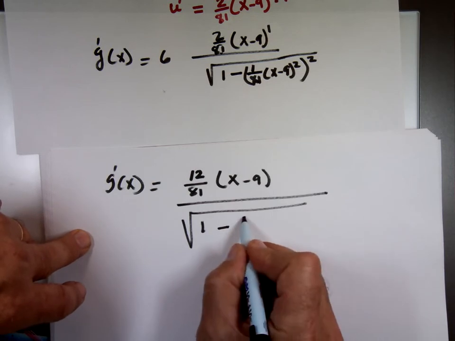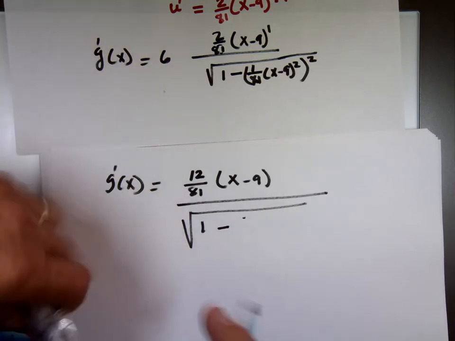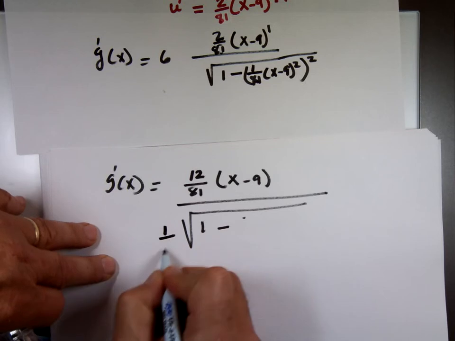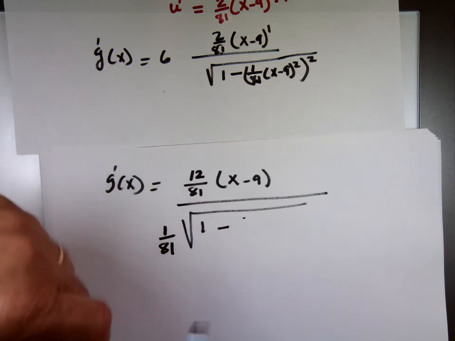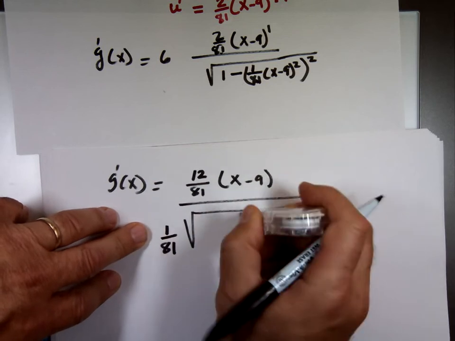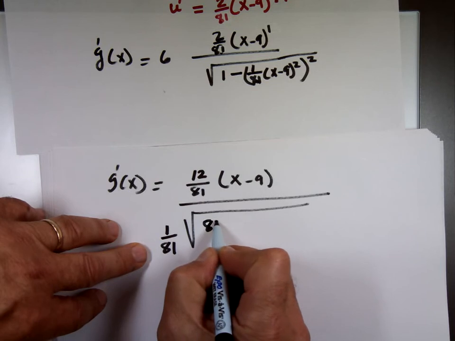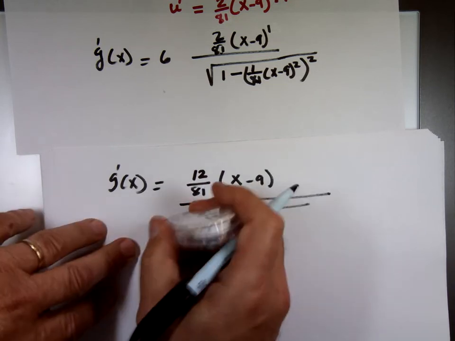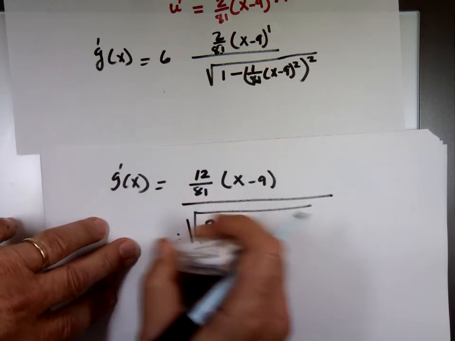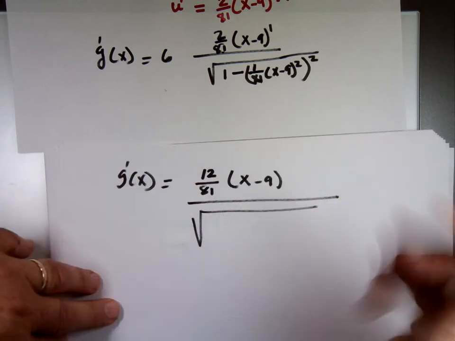How about we factor 1 over 81 out here? I'll show you what I'm doing. Maybe you need to see it to see what I'm trying to do. I'll take an extra step. 1 over 81 squared. I decided to factor that.